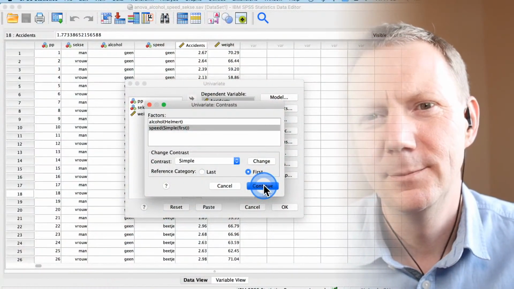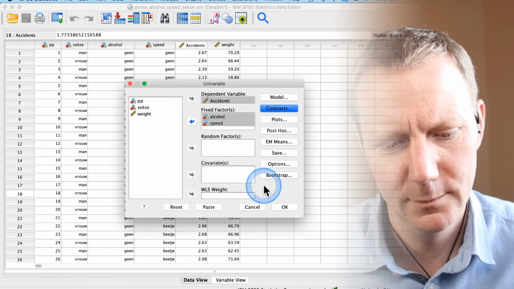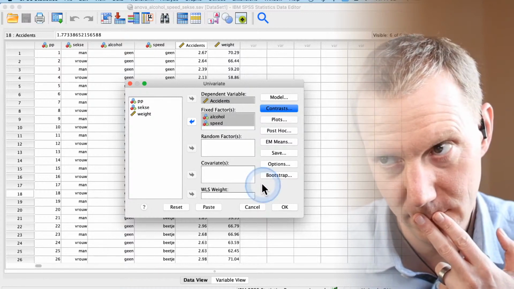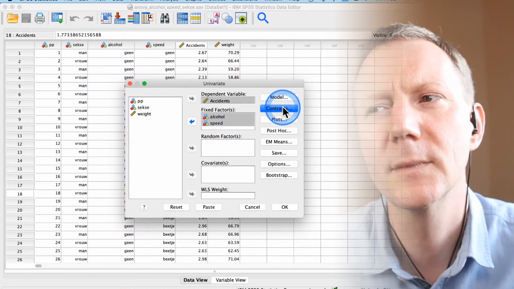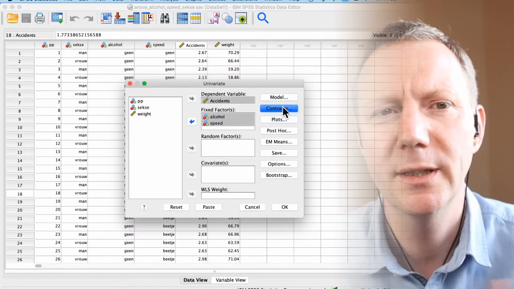Sorry, there's a question in the chat asking when do we have to choose simple and when do we have to choose Helmert contrasts? It depends on the research design that you have and the hypothesis that you actually have.